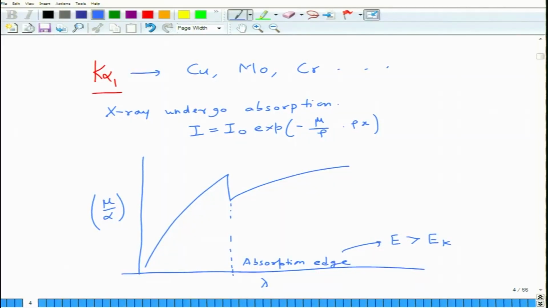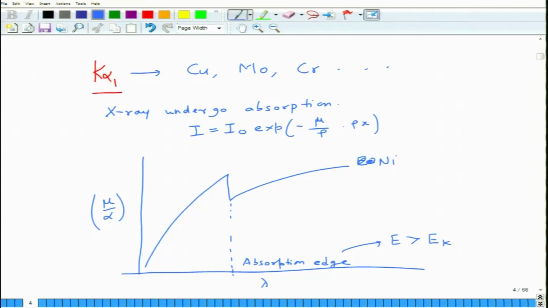Let us say this is a certain material, in this case let us say iron. If you are bombarding iron with something, or you can use, let us say, nickel. It turns out you can use this absorption edge to suppress certain radiation and to allow certain radiation to go through.